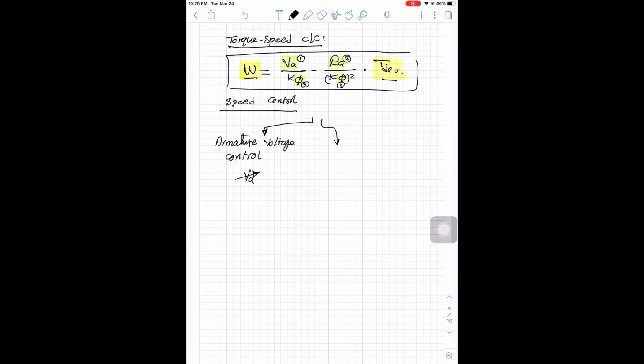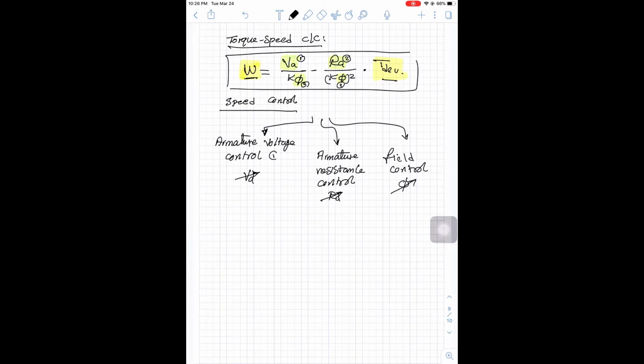The second type is armature resistance control, which means we are changing RA. And the last type is field control, which means we are changing the flux. So these are the three types of control that we have.